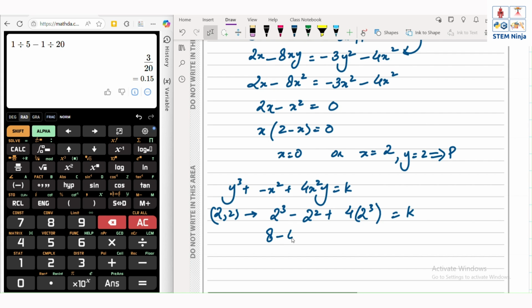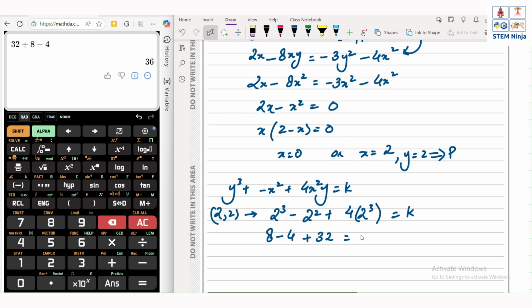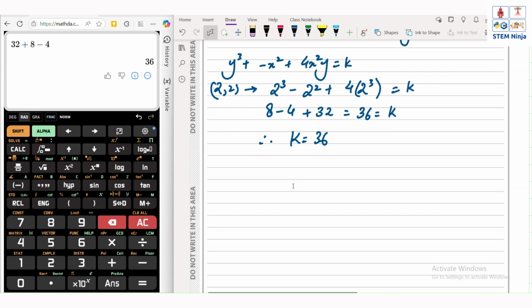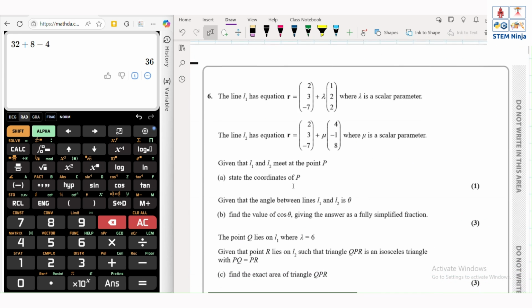So 8 minus 4 plus 4 times 8, 32. So 32 plus 8 minus 4, that is 36. That is your k. So therefore, k is 36. Simple, straightforward. All right, moving on to question number 6.